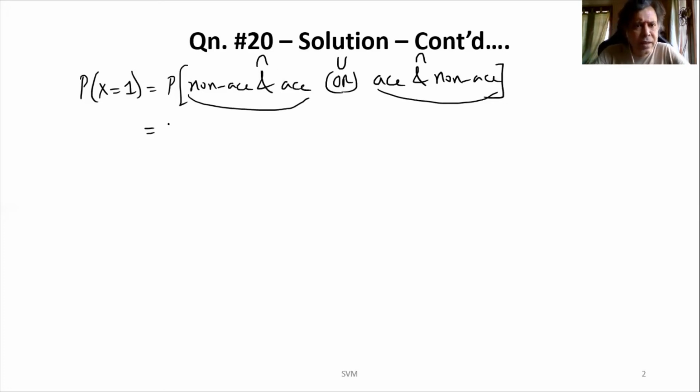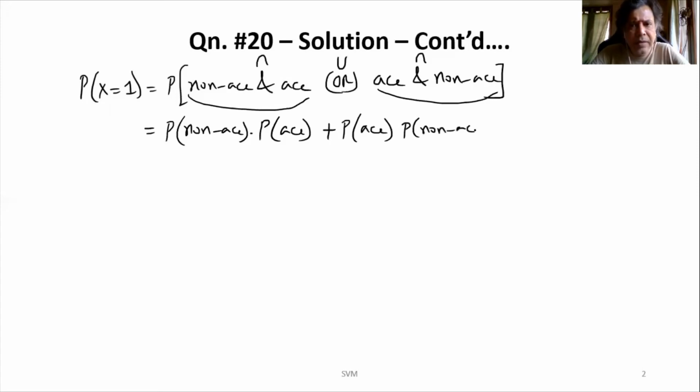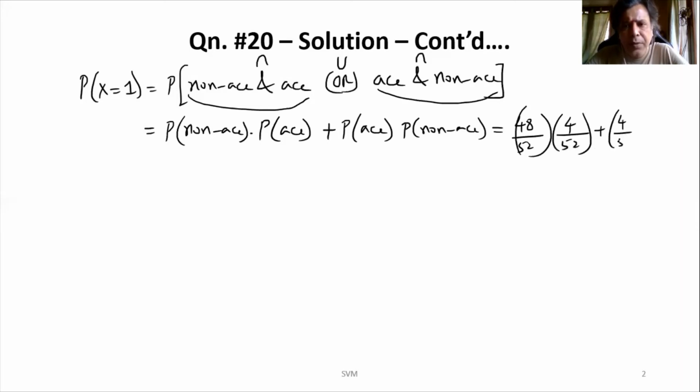So I can split it as the probability of non-ace multiplied by the probability of ace, and since they are mutually exclusive, I put a plus, the probability of ace times the probability of non-ace. Non-ace is 48 by 52, and ace is 4 by 52.